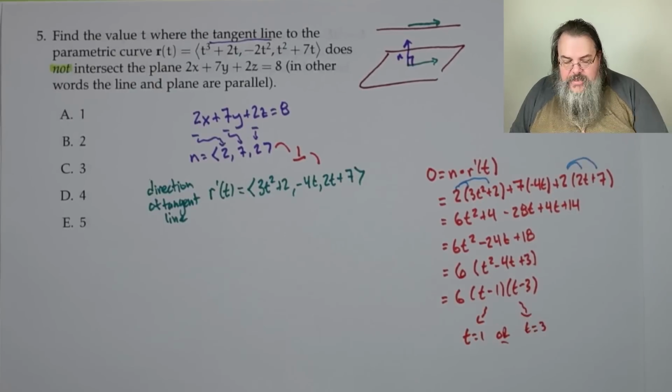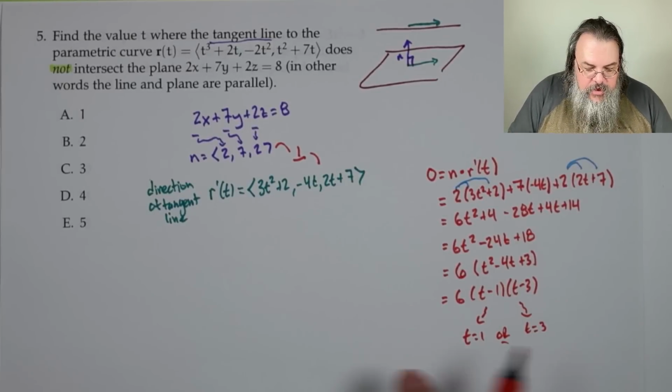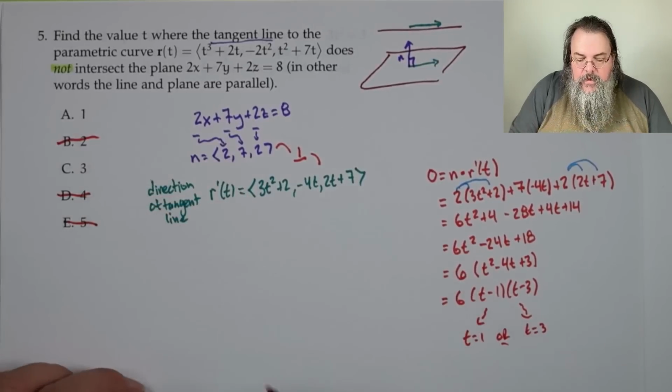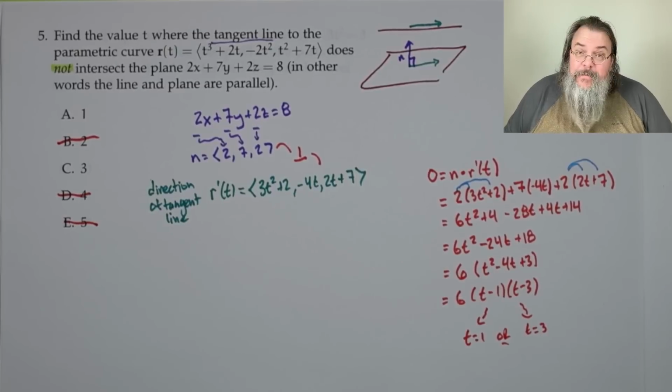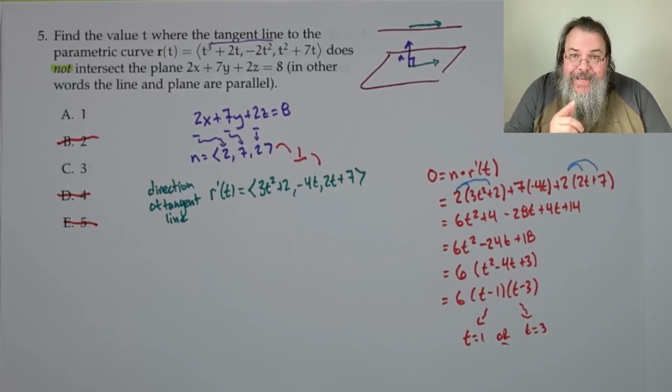And we're like, yes! But wait a second, t equals 1 or t equals 3. Okay, so we know it's not 2, 4, 5. Hold on. I thought multiple choice couldn't have multiple correct answers. Is something wrong here? Now, there is a possibility.